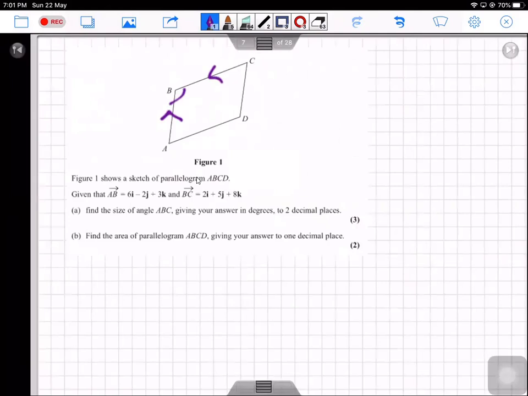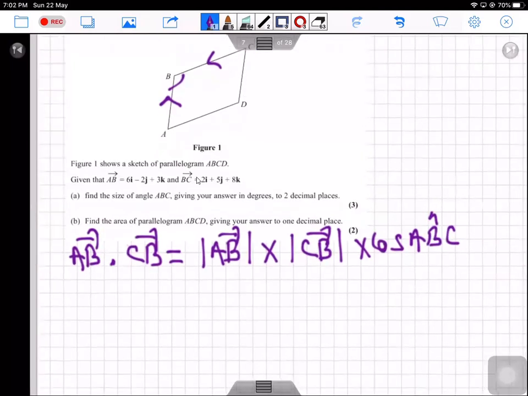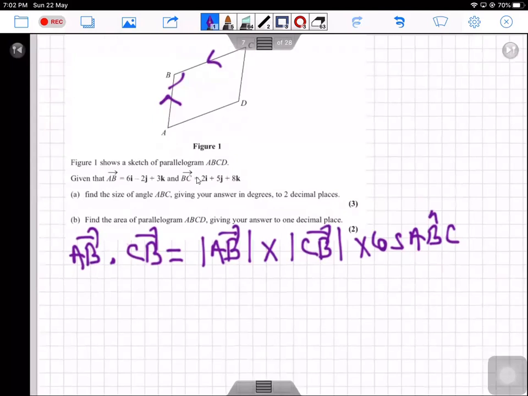AB dot CB is equal to AB vector magnitude multiplied by CB vector magnitude multiplied by cos theta, and in this case the angle is ABC, so cos ABC.